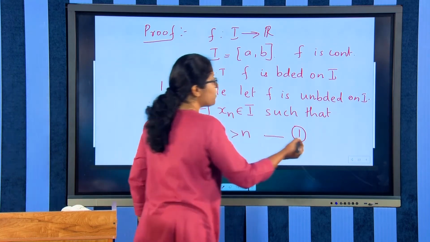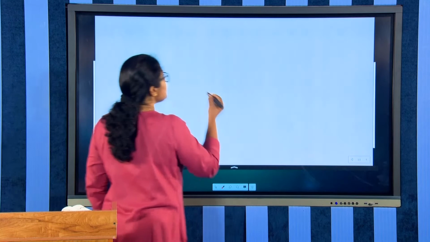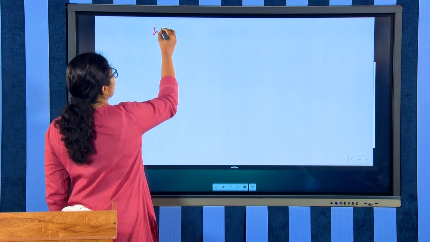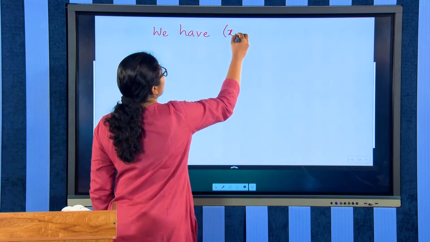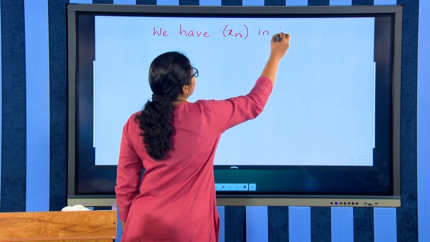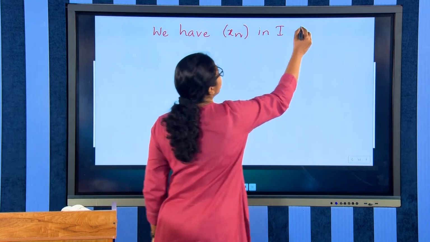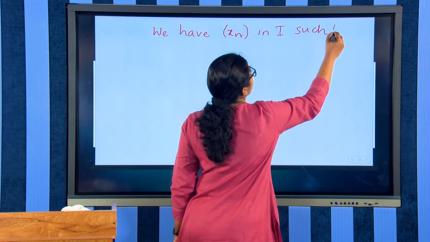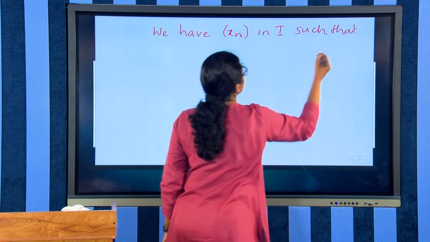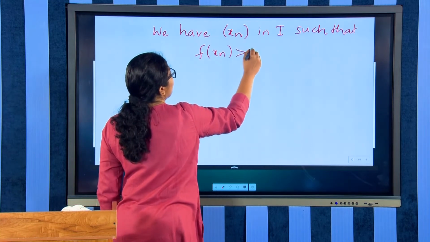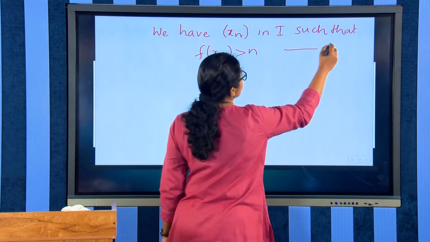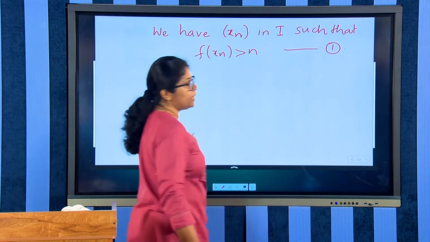So, we have created a sequence x_n in I such that f of x_n is greater than n. That is our condition number 1 in other words.